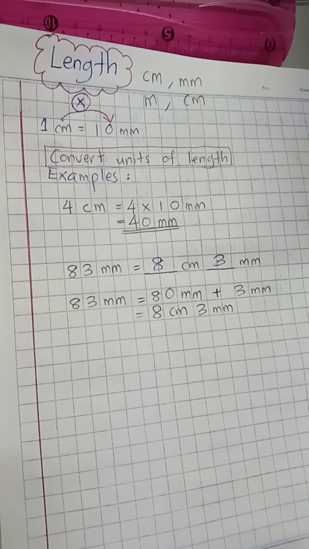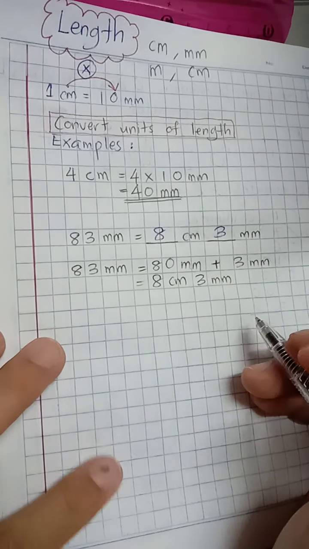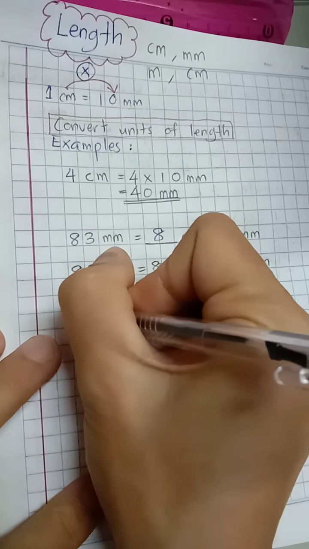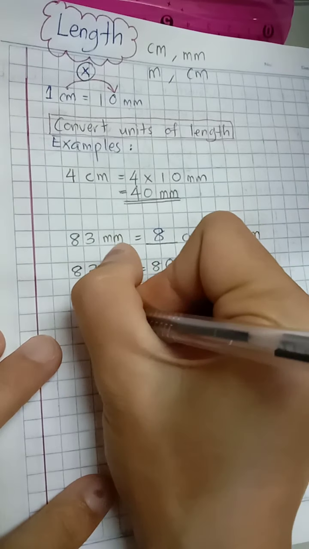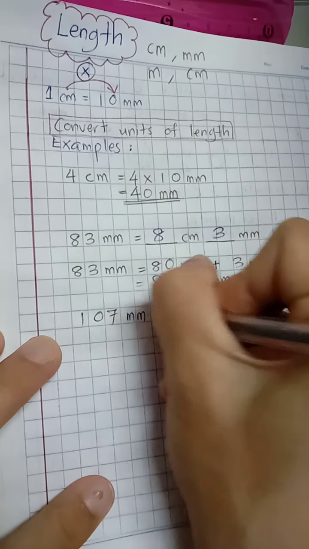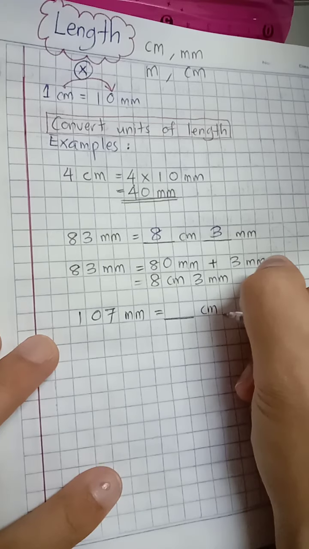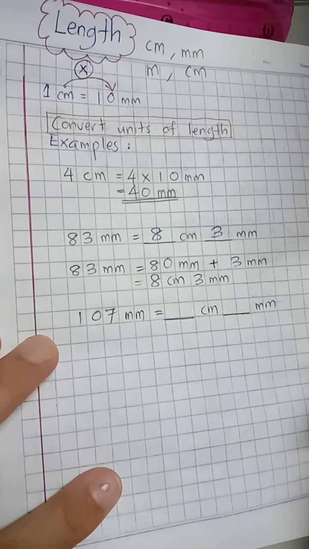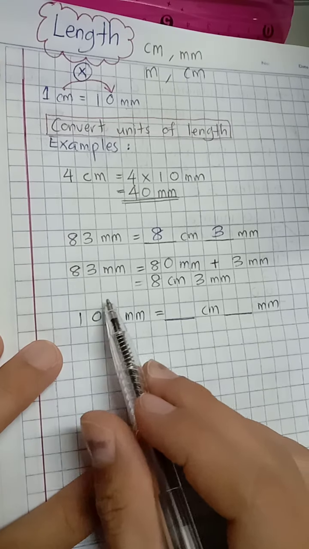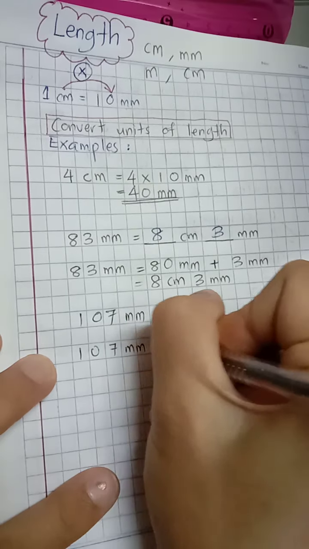Okay, now let's try another one. Let's say the length is 107 millimeter. We're going to convert this to centimeter and millimeter. Again, let's separate this number, 107 millimeter.